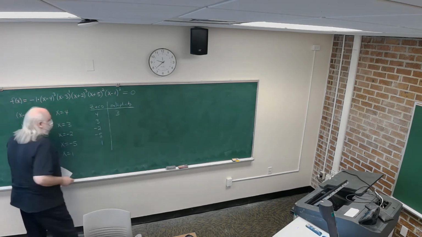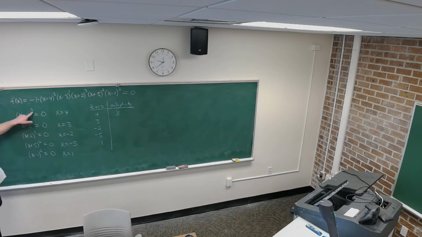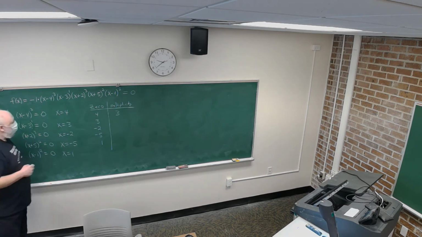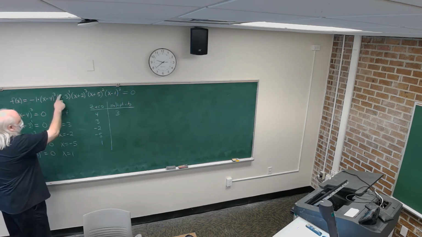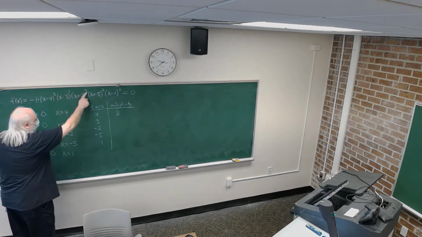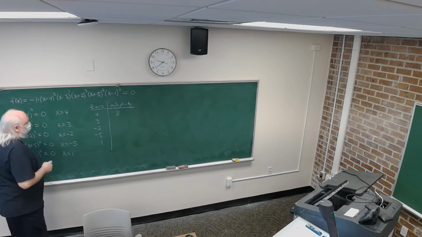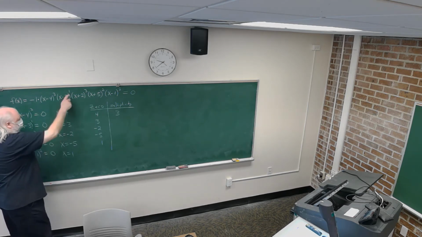The multiplicity just turns out to be the exponent on the factor. And so x minus 3 here has the exponent 1. You can also get the multiplicities from the exponents up here on the factors. And so the zero x equals 3 has a multiplicity of 1.